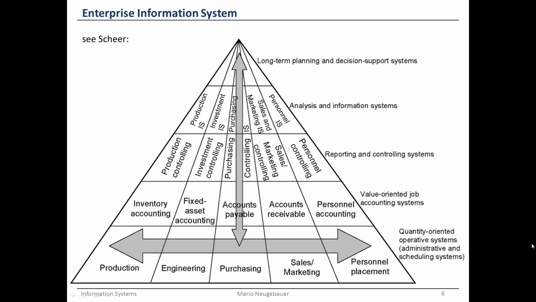So what you see here in this pyramid is a kind of hierarchy of enterprise information systems, and each layer refers to a certain region of functions. So in the lower levels, there are functions primarily for executing staff, for executing employees.